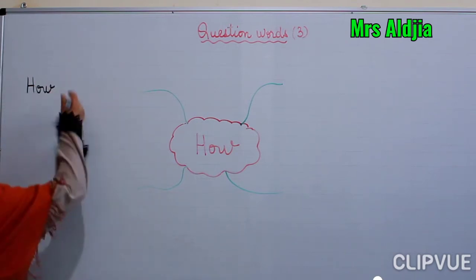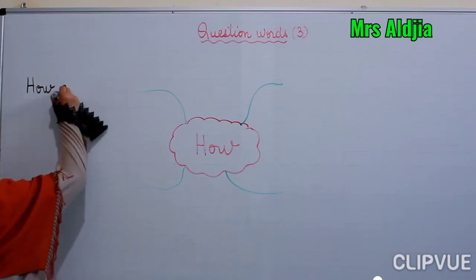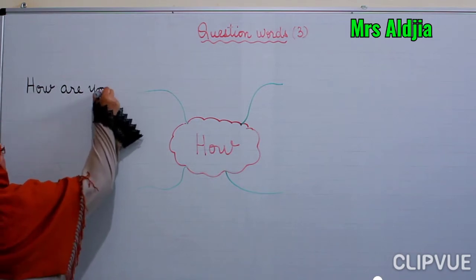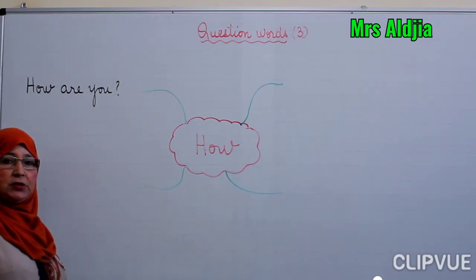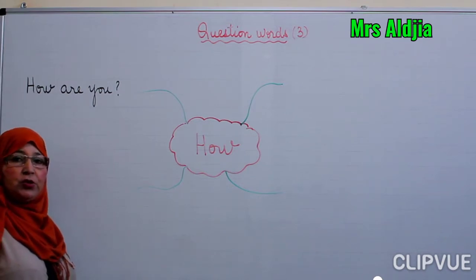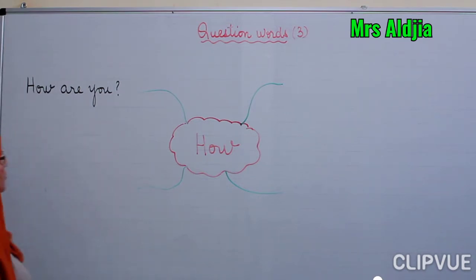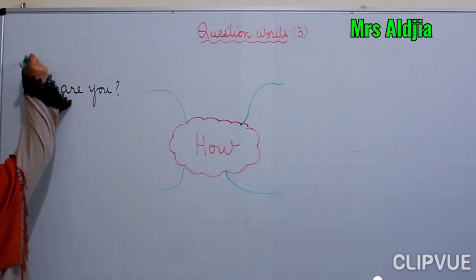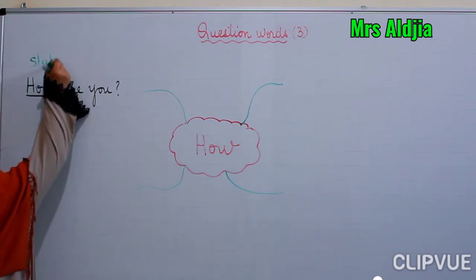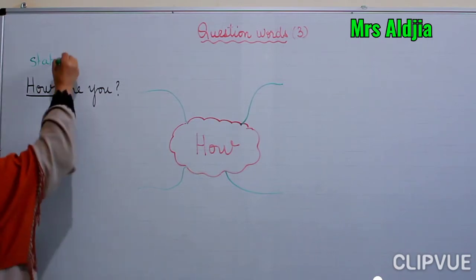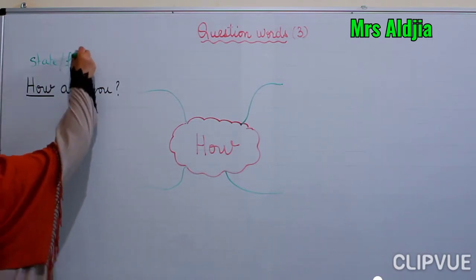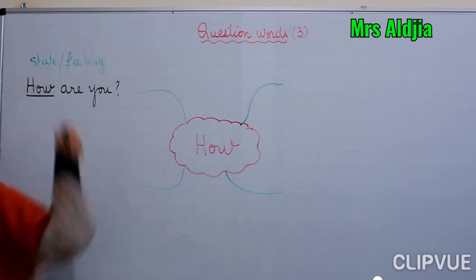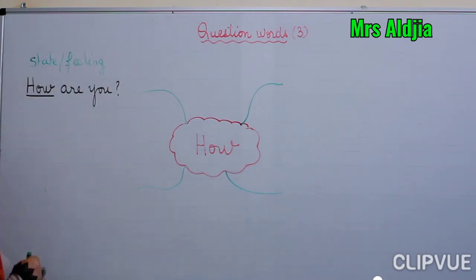How are you? When we ask this question, how are you, we are talking about your health, your state. So how here shows us a state, for example, or a feeling.